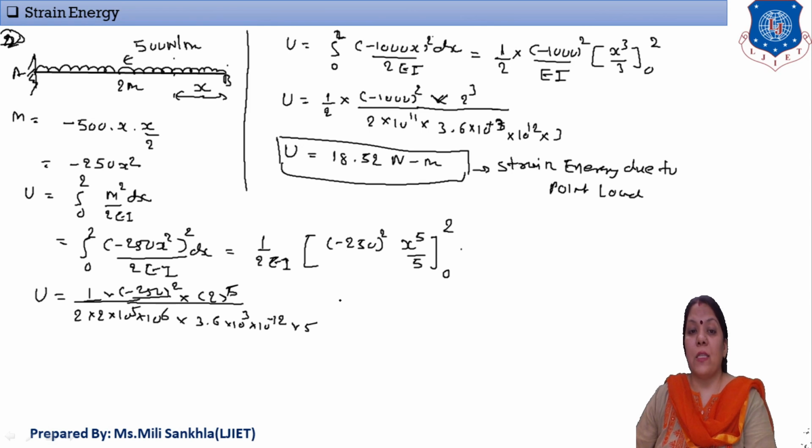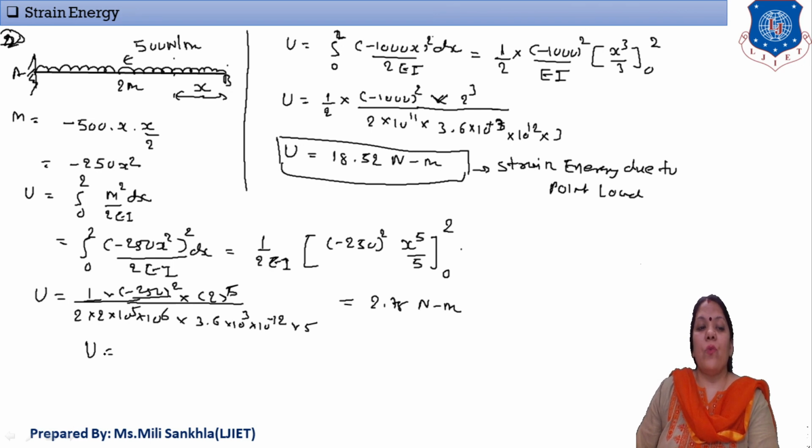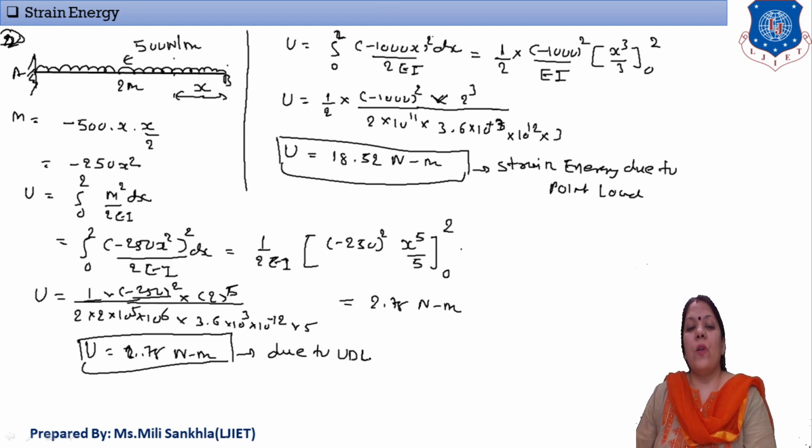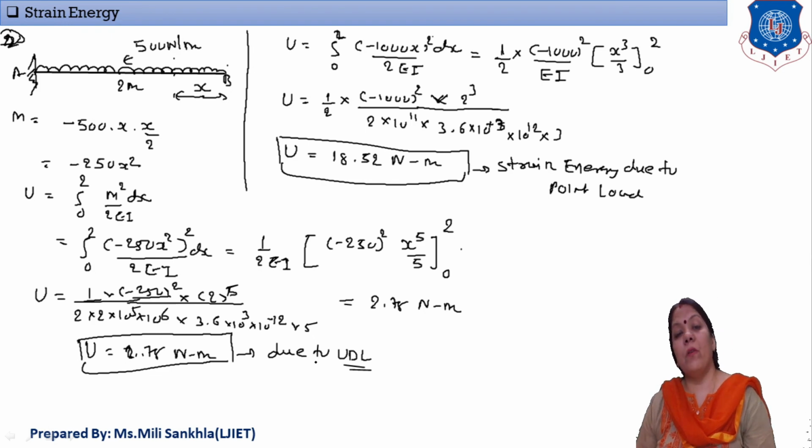My final answer, U for this case, is equal to 2.78 Newton into meter. This strain energy is due to the UDL load.